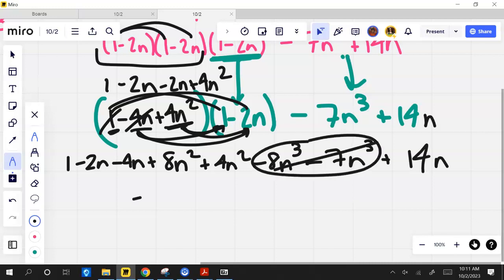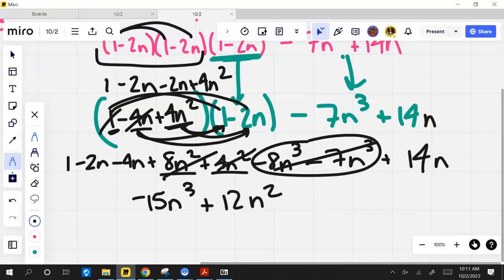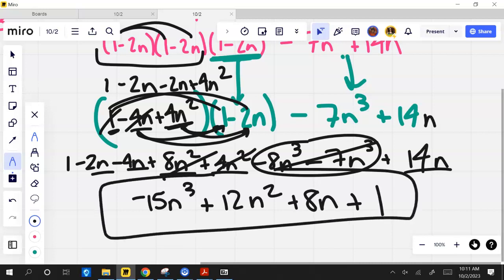Negative 15n to the third. Now powers of 2. 12n squared. Done with those. N's. I've got negative 4, negative 2, and 14. 8. And then the 1 that's on the end there. What type of polynomial is that? A cubic polynomial because there's a 3, right?